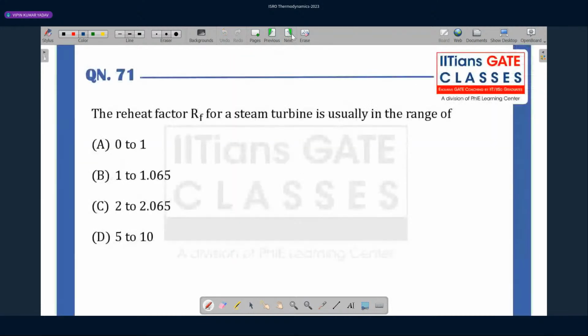Next question. Reheat factor for a steam turbine is usually in the range of. Let me tell you what reheat factor is. Reheat factor is total actual enthalpy drop upon isentropic enthalpy drop.